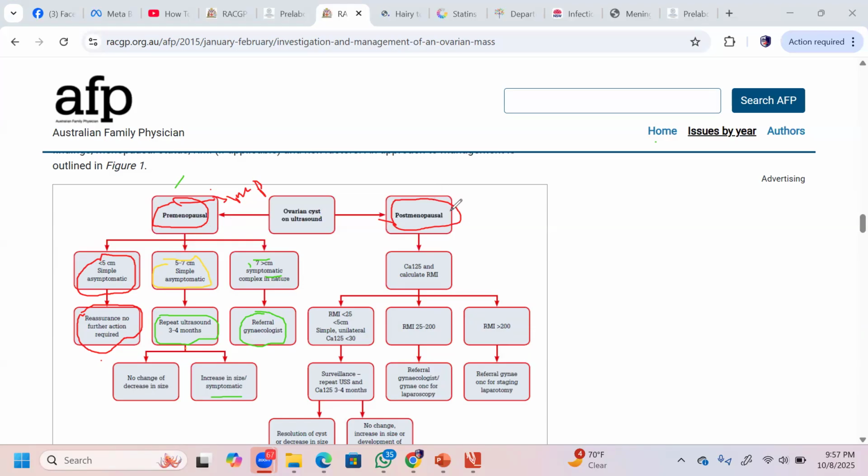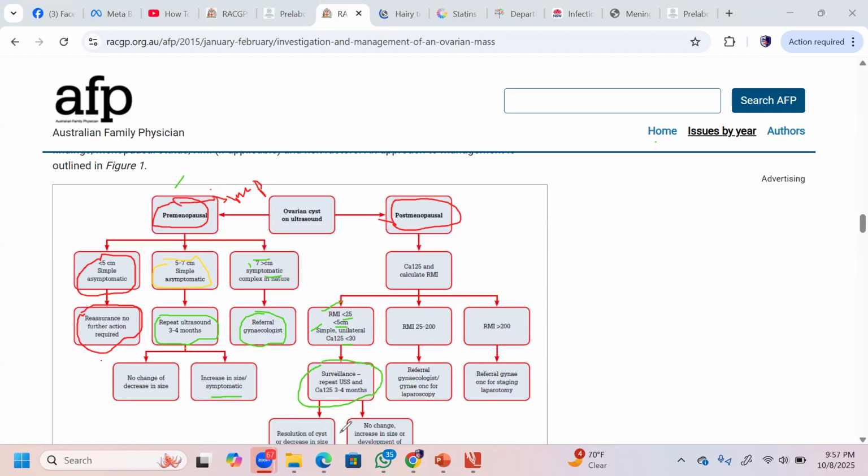And what about the postmenopausal? Like if the patient has CA-125 and you calculate RMI, the risk of malignancy index, and according to the score, if RMI is less than 25, or less than 5 centimeter cyst, simple cyst, unilateral, CA-125 less than 30, you will go with surveillance, repeating every 3 to 4 months.